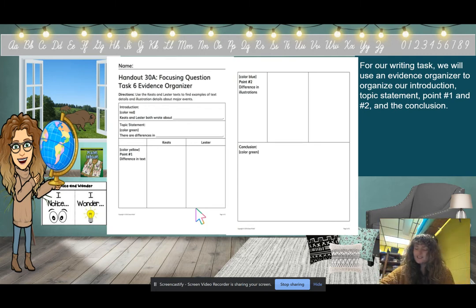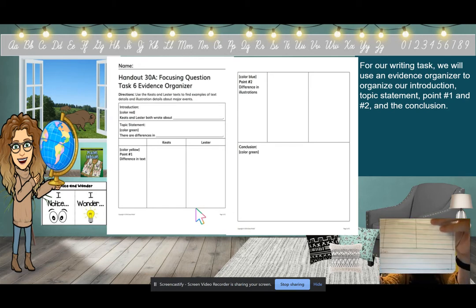All right, and the last sentence that we will have in our writing is our conclusion. So we are going to have our conclusion. All right, and there's our conclusion at the bottom.